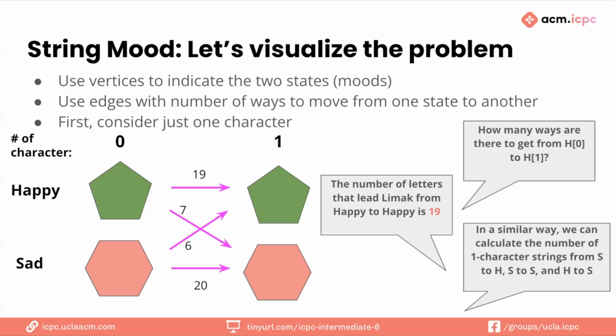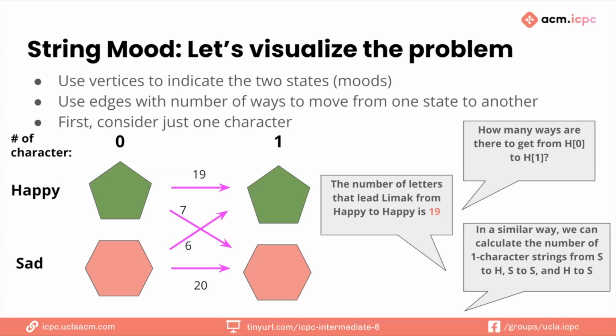If we find how many ways there are to get from sad to sad, sad to happy, happy to sad, and happy to happy, we are looking for 4 numbers instead of 1, but we'll see how that helps us solve a bigger problem when we have many more characters. And of course, after all, we'll find the value for happy to happy, so there's nothing to worry about. We'll still solve our problem anyways.